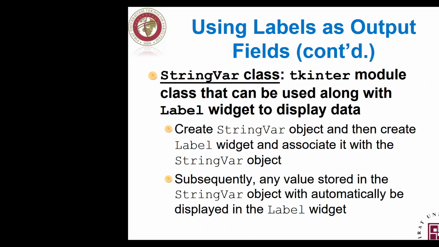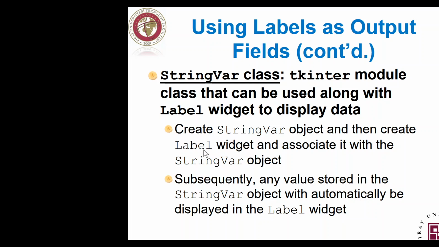It's possible. And in that case, what we need to do is use something we call StringVar. It's written this way, StringVar, capital S, capital V, and it's actually an available class in the tkinter module, where we can create an object and place it on the label.